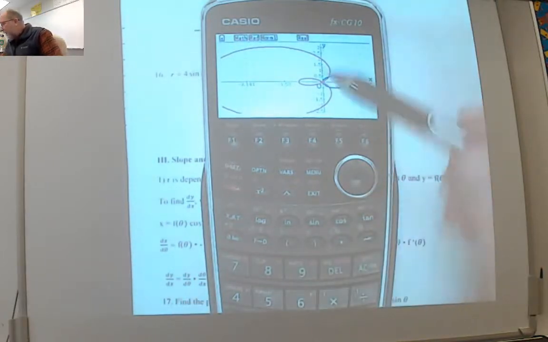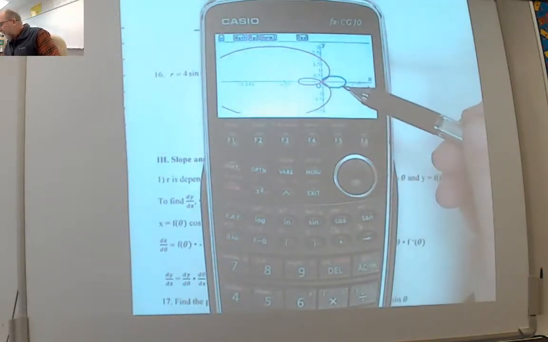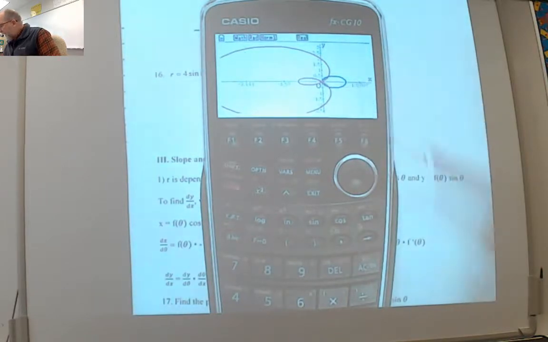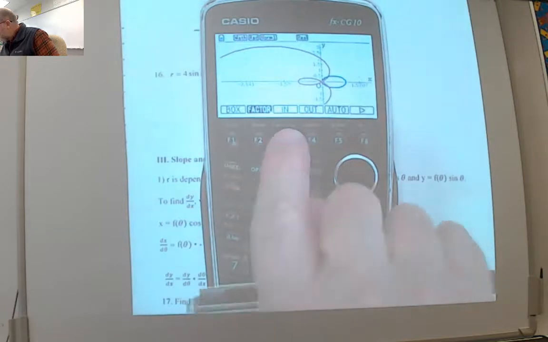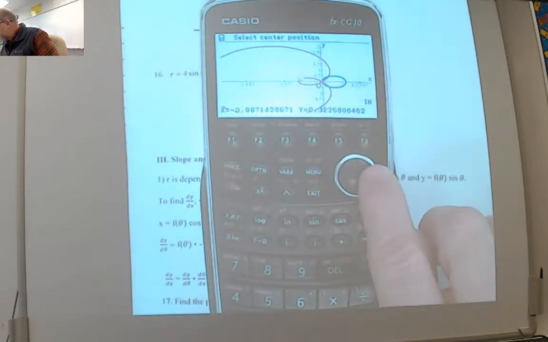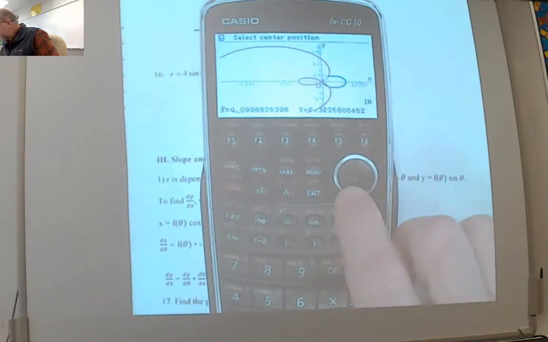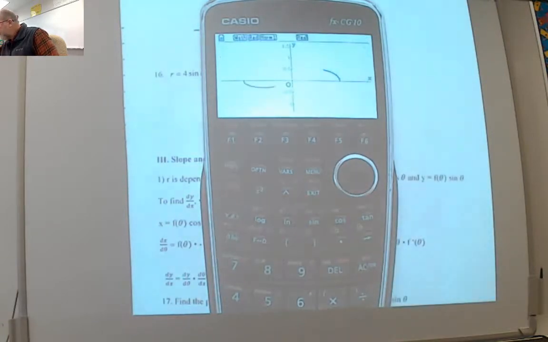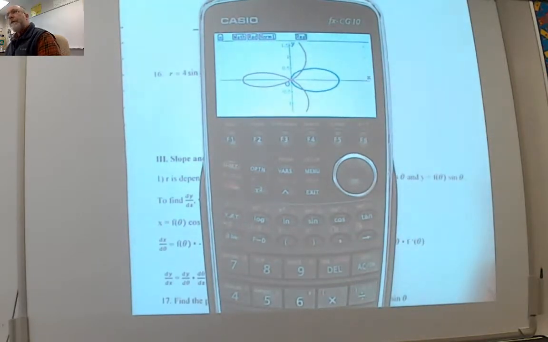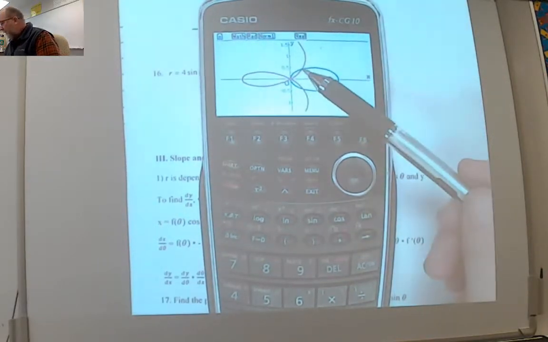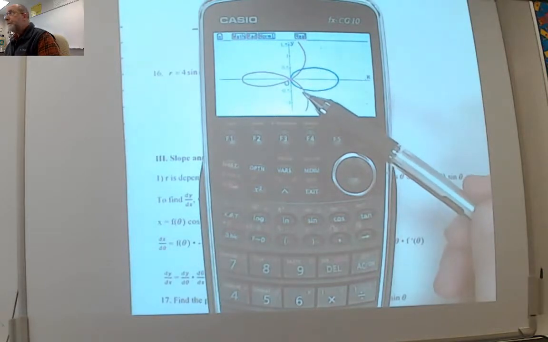So you got a cardioid on this side, you got a circle on this side, and I'm going to zoom in. All right, so it looks like they have how many intersection points? 3. 1 here, 1 here, and 1 here.